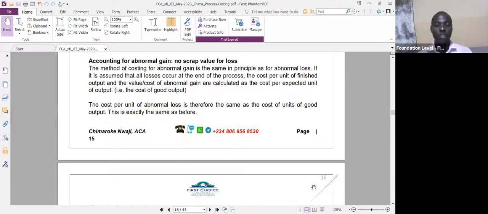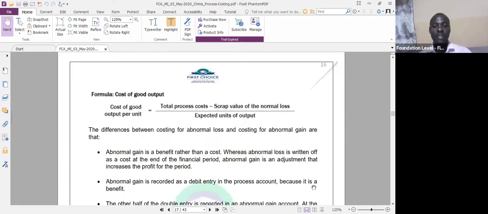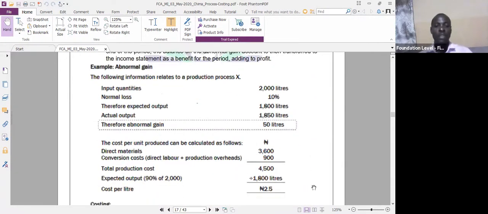Let's take one question here that has to do with abnormal gain. And let's look at the same question, but now we were expecting 1,800. So lo and behold, when we went to harvest, actually, they're getting 1,850. And that means the abnormal gain is 50 units.